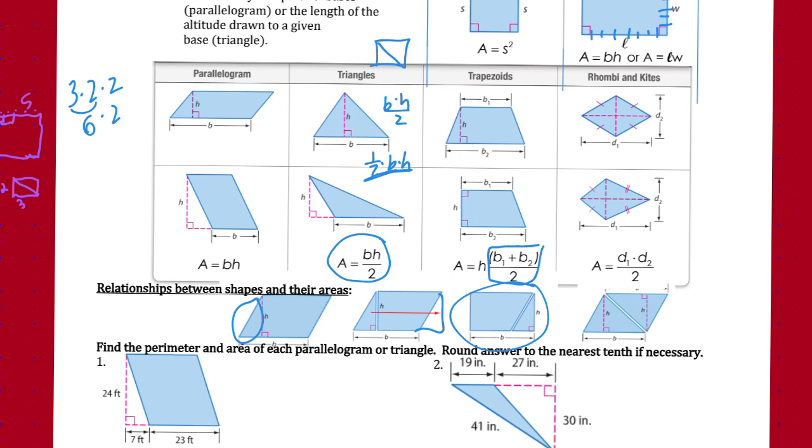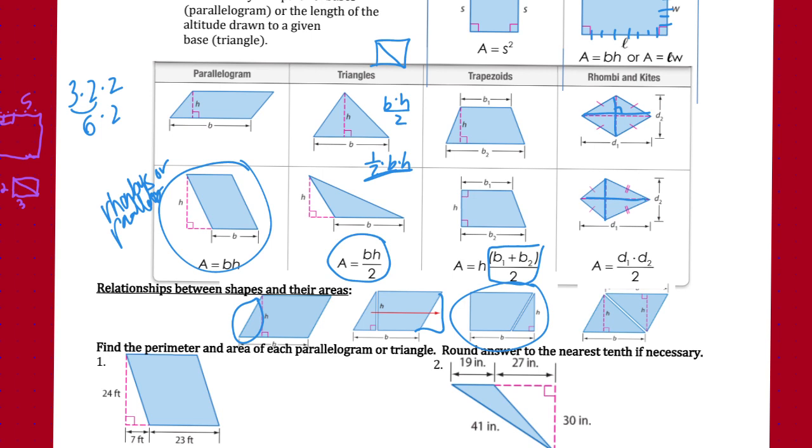And for a rhombus or a kite, you actually have 2 formulas. A rhombus will work with the parallelogram formula, base times height, so you can use that for a rhombus as well, or a parallelogram. And a rhombus or a kite also works with the length of each diagonal, which are perpendicular to each other.